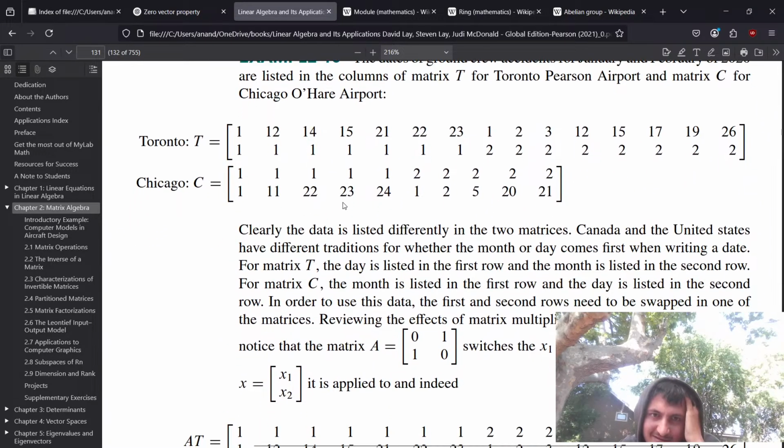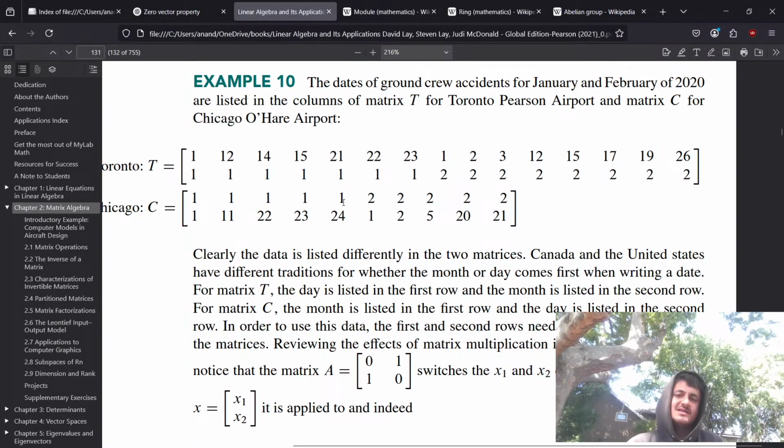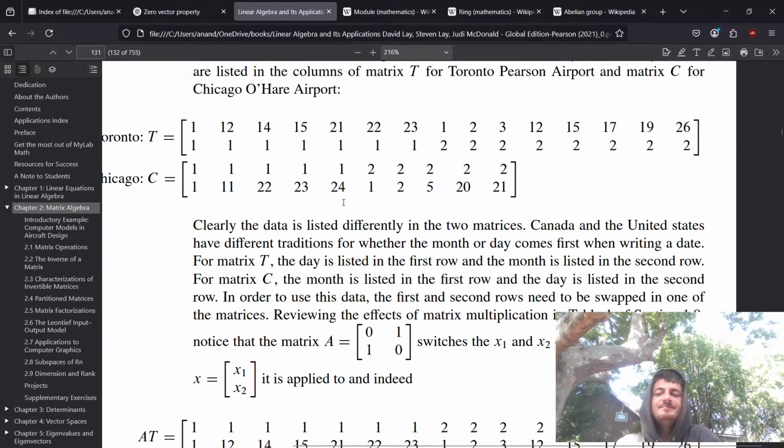There's no actual data? Oh, no. Each one of them represents a single incident. I get it. That's kind of okay.